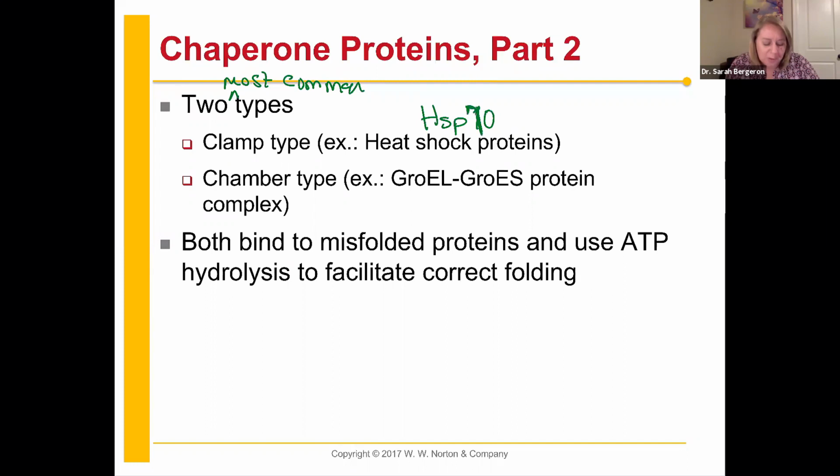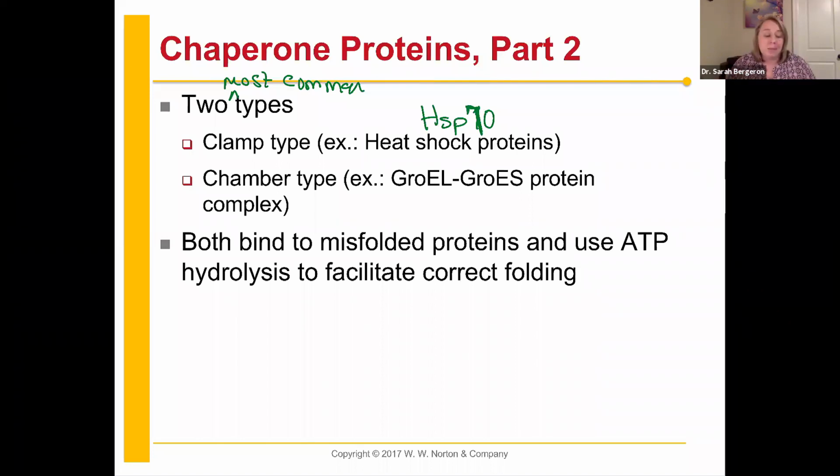I don't remember which number. There are quite a few of them. Anyway, the heat shock protein chaperones function in folding of normal proteins as they're being synthesized and in this rescue recovery thing. It's kind of a clamp. It grabs the protein to be folded, helps it, and then releases it.